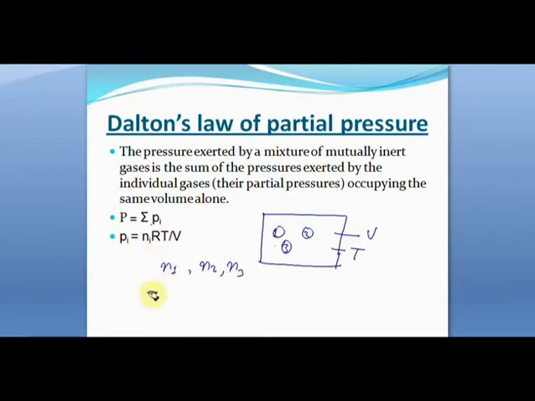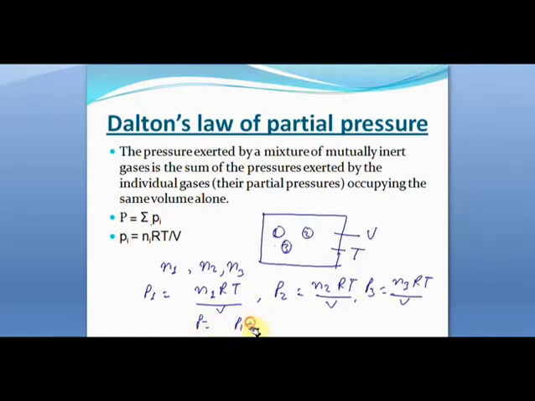So the pressure exerted by gas 1 would be P1. It will be equal to n1, which is the number of moles of gas 1, into RT by V, where V is the total volume. Similarly we can write P2 is equal to n2 RT by V and P3 is equal to n3 RT by V, and the total pressure of the mixture of gas will be P is equal to P1 plus P2 plus P3.